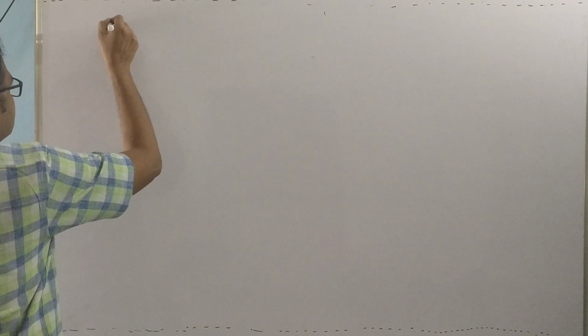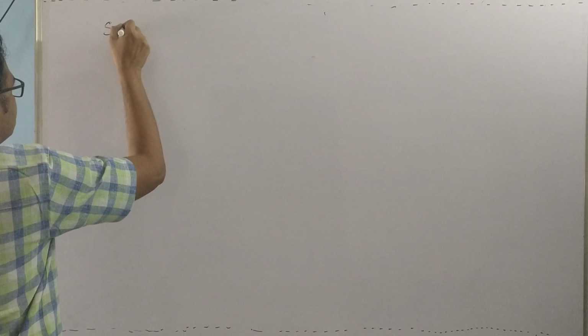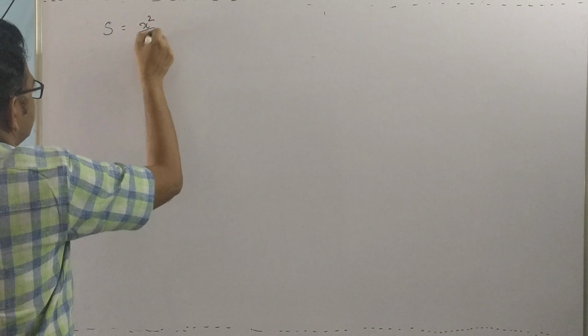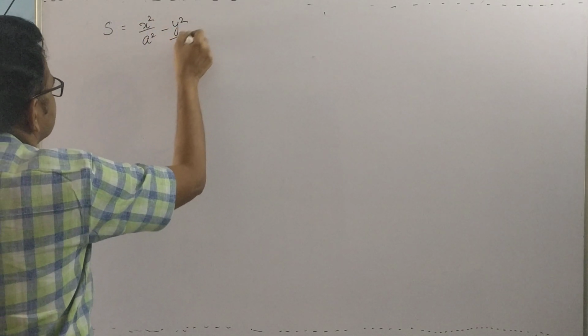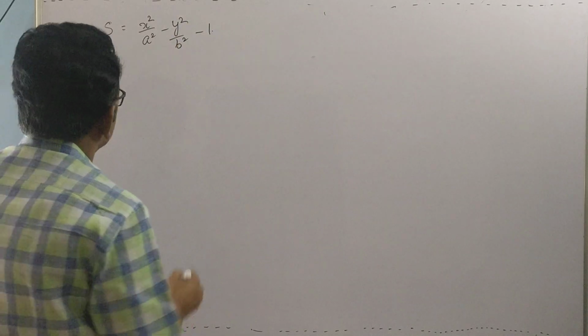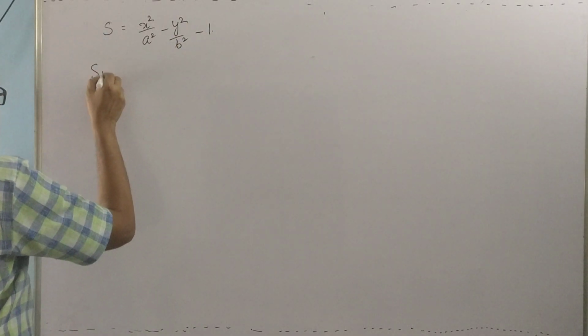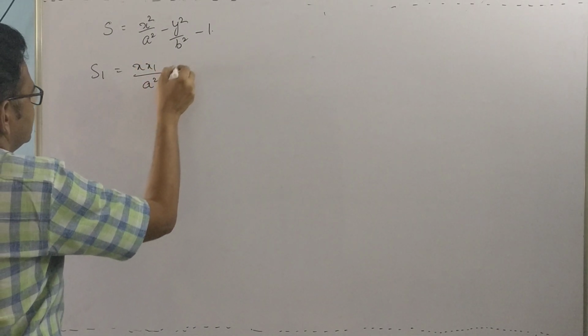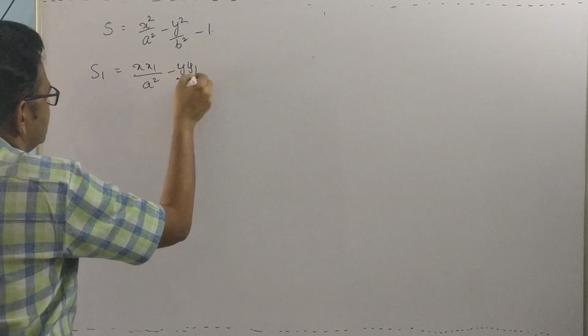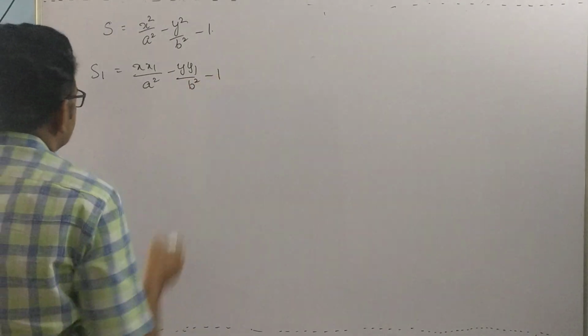Notations. S is equal to x square by a square minus y square by b square minus 1. S1 is xx1 by a square minus yy1 by b square minus 1.